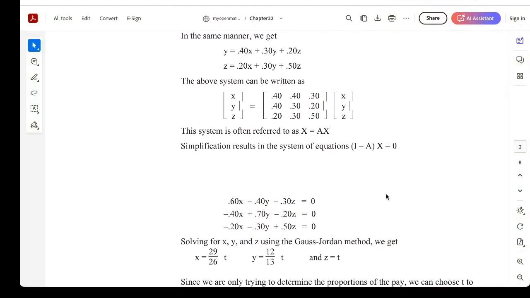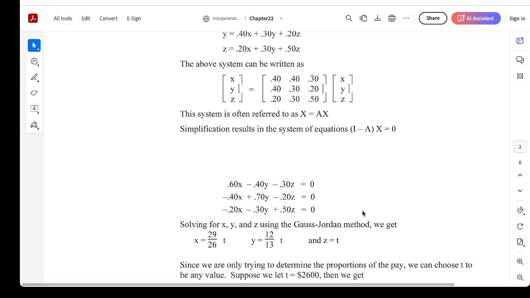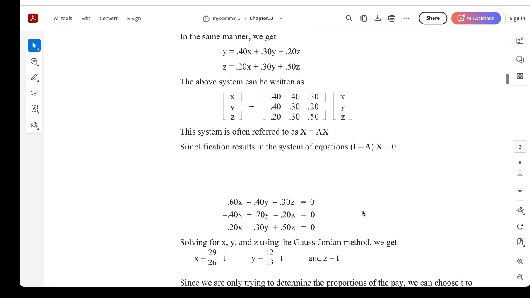What they've written right here in the book is the thing I minus A times xyz, that vector x, is equal to all zeros. And they just use the Gauss-Jordan method, and they get a solution. I think we should pop over to GeoGebra and see some more detail about that.